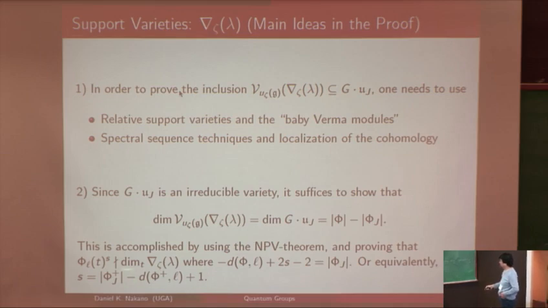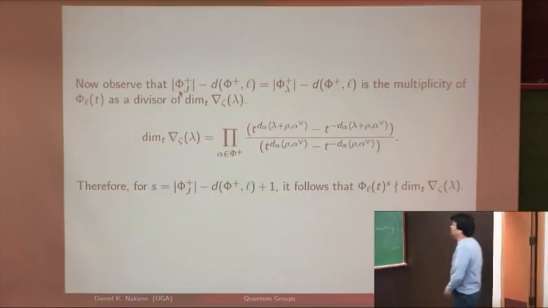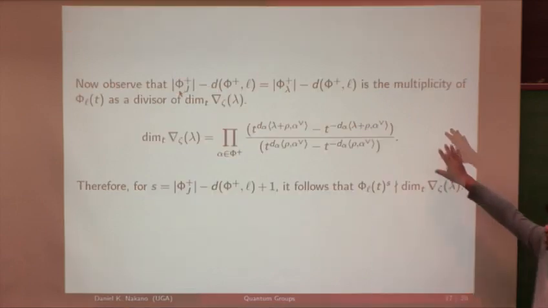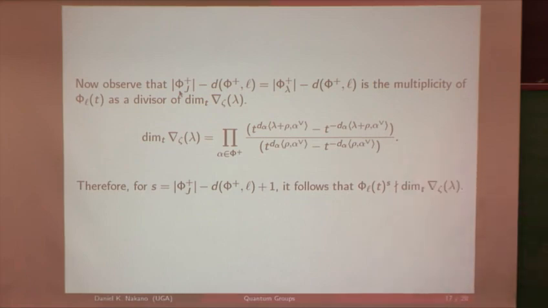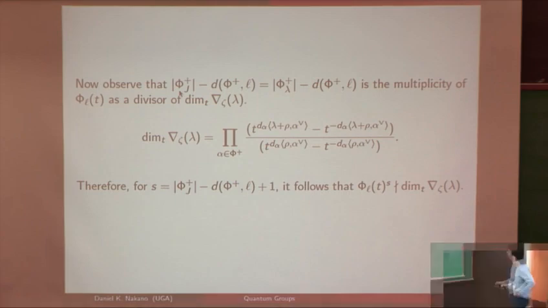Okay, so what we want to do is we want to show that phi_{l_J}, so this cyclotomic polynomial to the power s, will not divide this graded dimension. Okay, so let's look back at the formulas. Okay, so this was the formula for this graded dimension over here. Okay. All right. So now you just observe a few things.